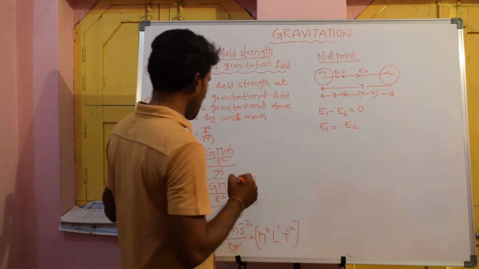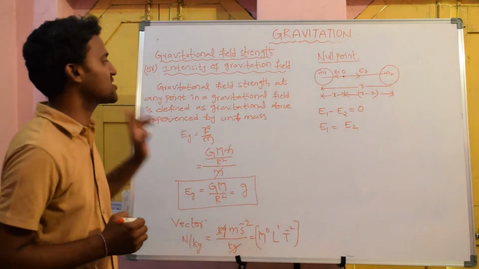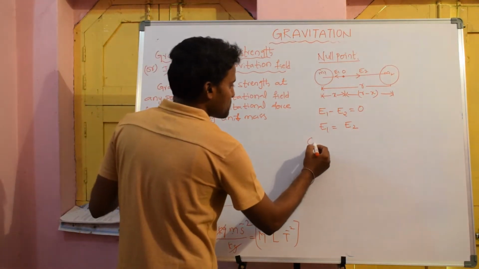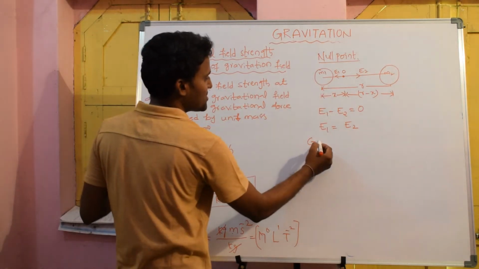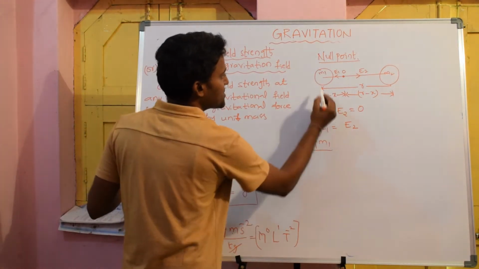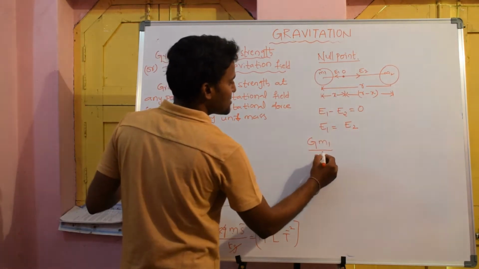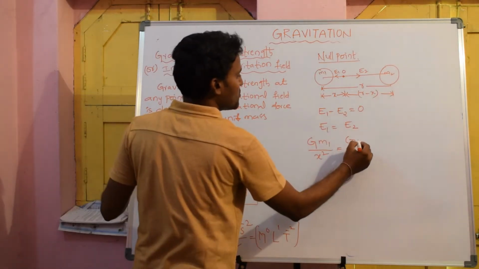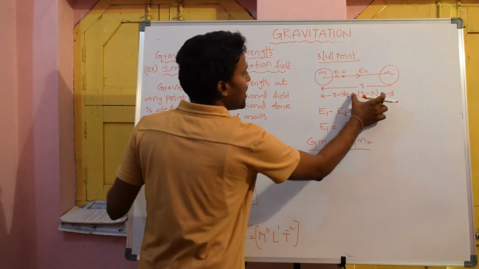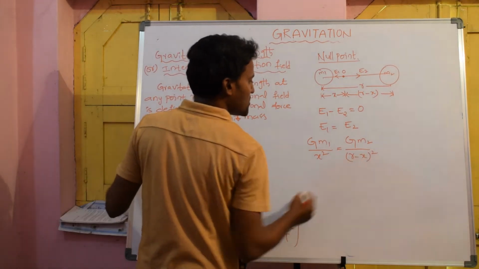We know the E equation. Just now we derived GM by R square. G, here the mass is M1, and the distance from here to here is x, so x square. And G, M2. The mass here is M2, the distance is R minus x whole square.